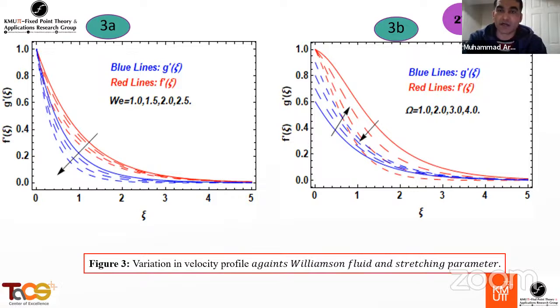In the case of this stretching parameter, the primary velocity declines because initially the fluid was at rest. So when you stretch the sheet, the primary velocity will decline, and the secondary velocity will increase. You can see this effect in figure 3b.